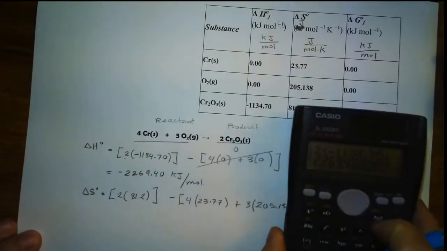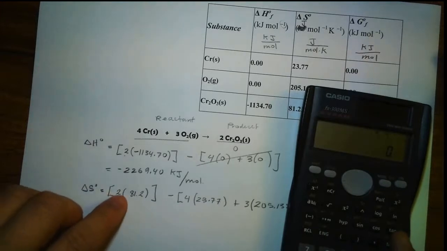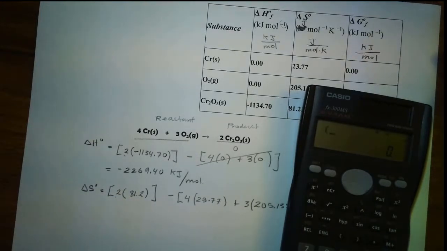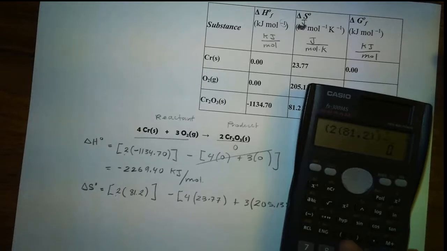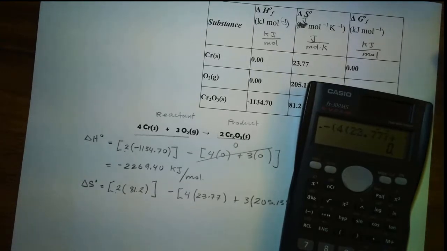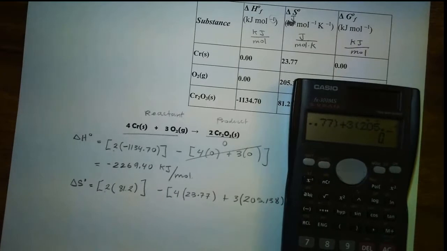Now I just plug into the calculator. And notice how I have the caret symbol, right? When you see that, you just assume that is a parenthesis there. So 2 parenthesis 81.2 parenthesis minus parenthesis 4 times 23.77 plus 3 times 205.138 parenthesis.